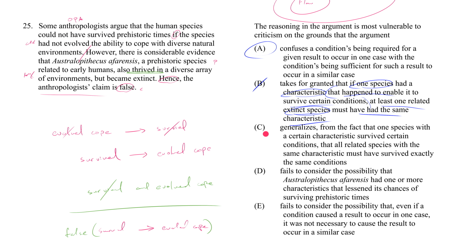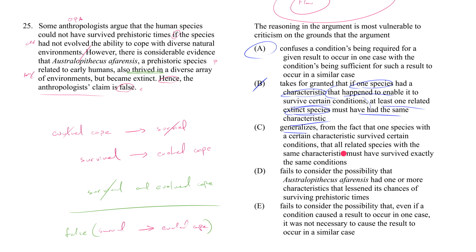Descriptively inaccurate. C is the same. C says it generalizes from the fact that one species with a certain characteristic survives certain conditions, that all related species with the same characteristic must have survived exactly the same conditions. Now, I did B, I don't know if I did it fast or slow for you. If you felt like it was fast, it's only because I've done literally thousands of these questions. So I've seen something like this maybe dozens of times, right? And same with C. I've seen arguments that fit this mold, I've seen cookies that fit this shape dozens of times.